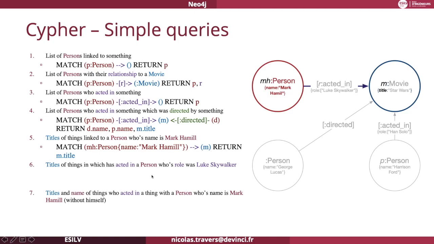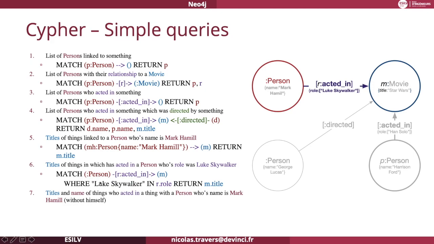Now we want the titles of things in which a person whose role was Luke Skywalker has acted. So now we want a person who has acted in something, with a reference r for the relationship, which is linked to something.